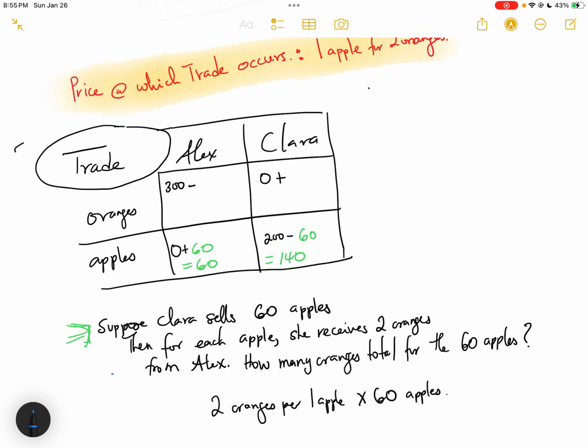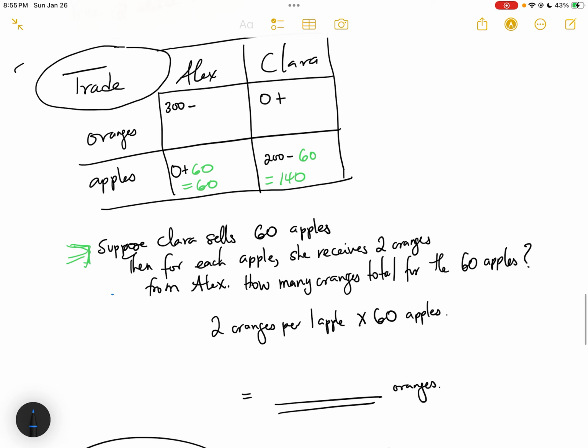Now, Clara is selling 1 apple at the price I quoted for you, right? 1 apple for 2 oranges, and she sold 60 apples. So if 2 oranges per 1 apple, then we're going to multiply that by the 60 apples she sold. And so we need to use this to calculate how many oranges. Some of you already know this, but let's work through it, right?